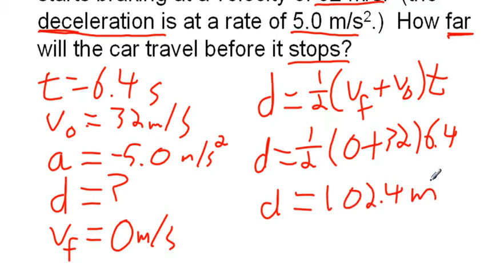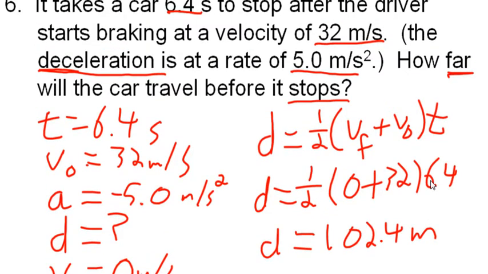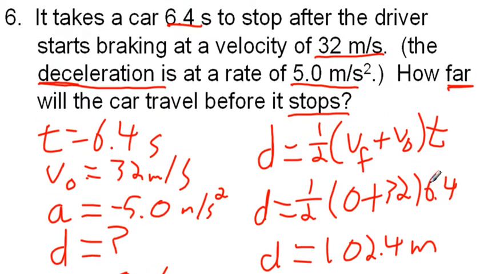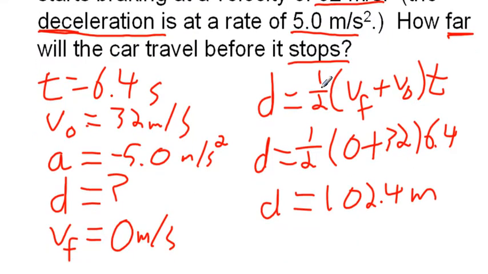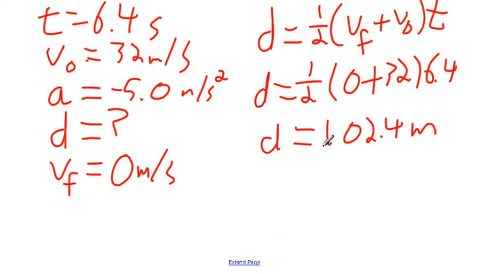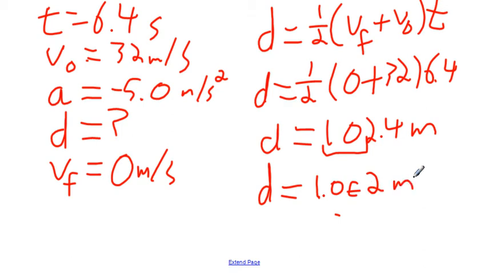We look back at our problem, and we have 2 significant digits in each of these. And so in this case, only these first 2 digits can be significant. Because of the way this value is, we will have to use scientific notation. So d is equal to 1.0 times 10 to the second meters. And there we go.